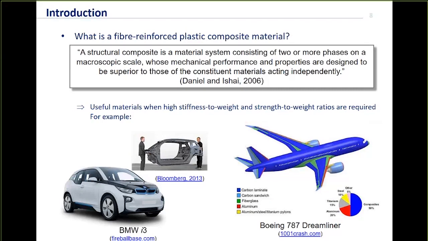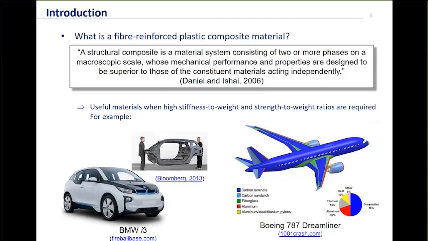However, what we're going to focus on today is what most people think about when we talk of a composite, and that is fibre reinforced plastics. Now, these types of materials tend to be particularly good for applications where a high stiffness or strength to weight ratio is required, and hence the increasing use of carbon fibre laminates in aerospace.